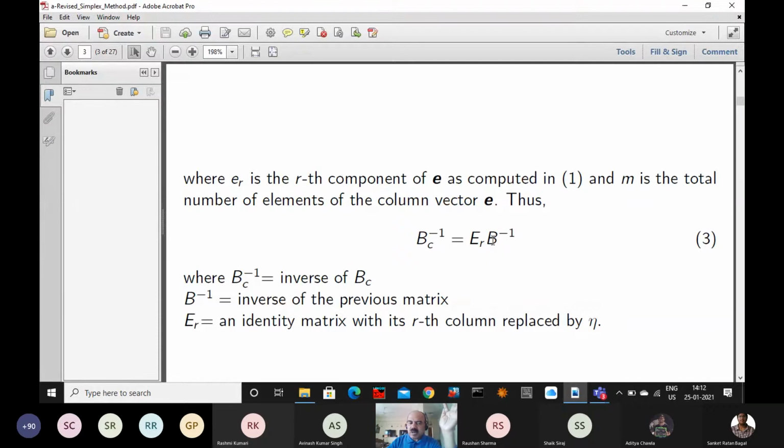What is ER? ER is nothing but an identity matrix with the rth column replaced by eta. So once we get the ER, BC inverse equals ER into B inverse.